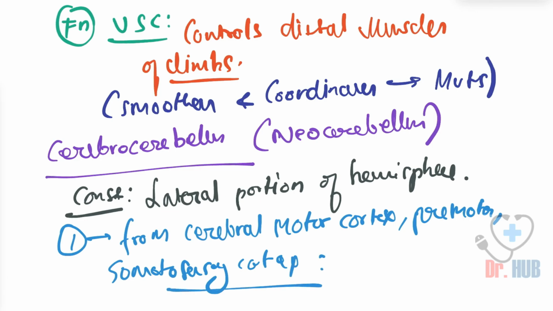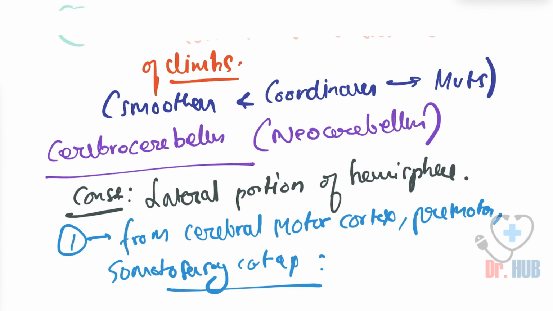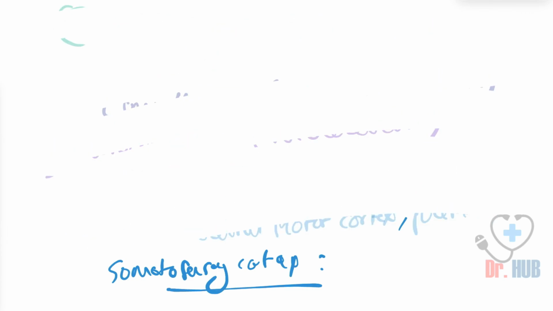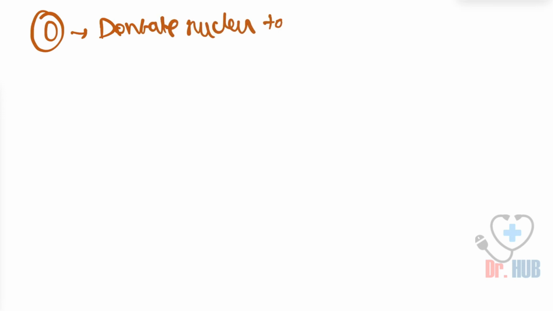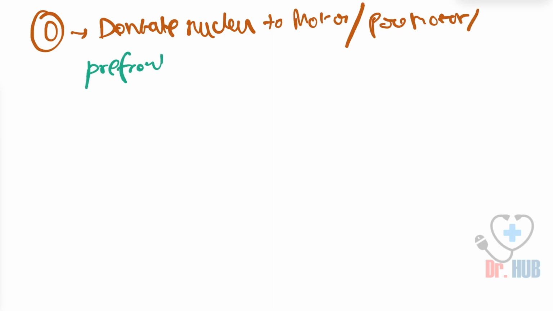Next we are looking at the output. So in case of the output, it is from the dentate nucleus. The dentate nucleus to motor, premotor as well as the prefrontal cortex.